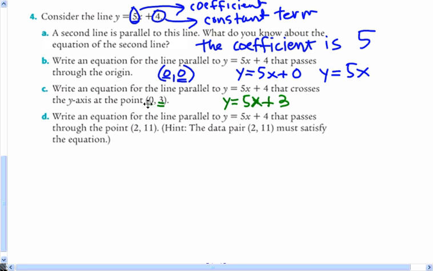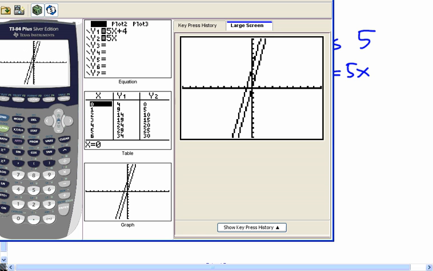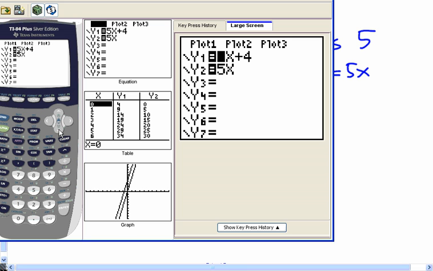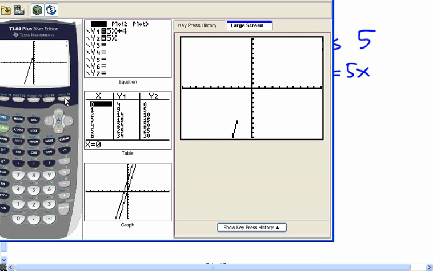And it doesn't hurt to check that. So we can put that equation in our calculator: 5x plus 3. Press graph. It appears really close, but they are definitely parallel.